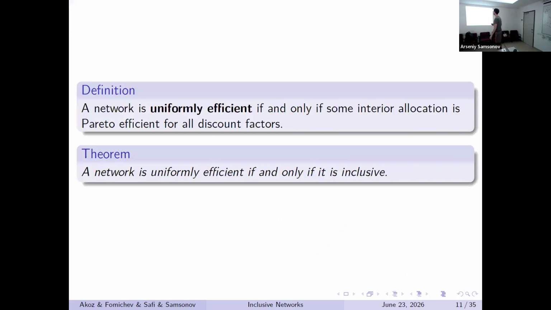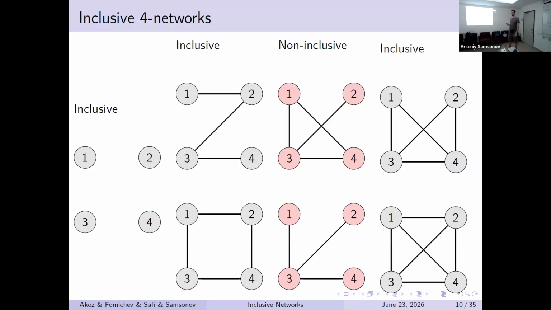By the way, why is it called inclusive? Well, because we can include everyone in the sharing of benefits, and this will not have any bad properties. So this is not a direct property of the network, it's a property of using the network for allocation.